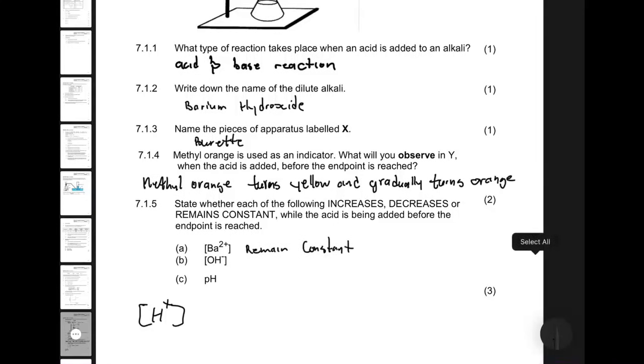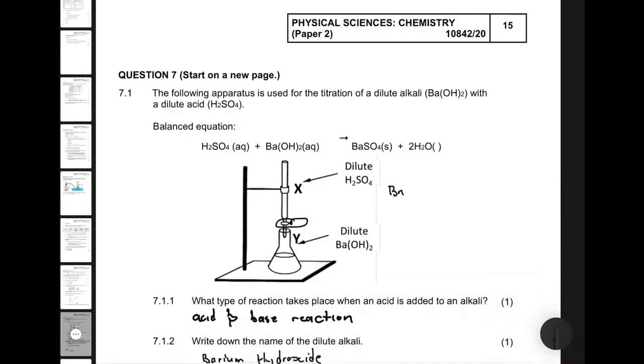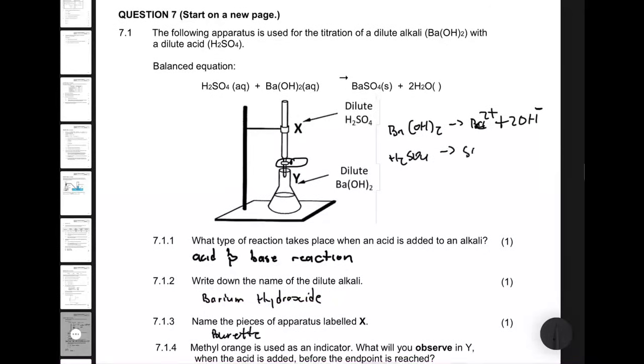The concentration of OH minus will go down when we add H plus. Why am I saying that? Before we started adding the acid, we just had Ba(OH)2 giving us Ba2 plus and 2OH minus. When we add the acid H2SO4, the Ba2 plus will react with SO4 2 minus, and the OH minus will react with H plus.